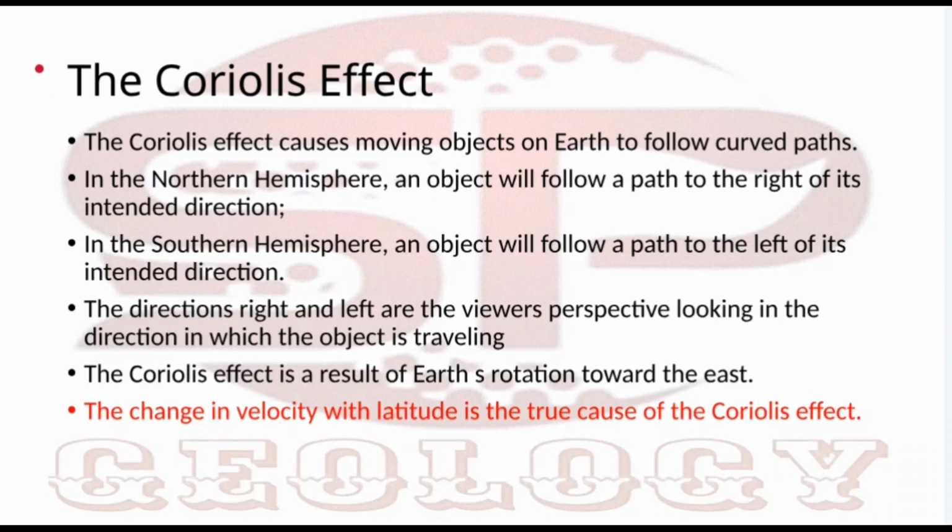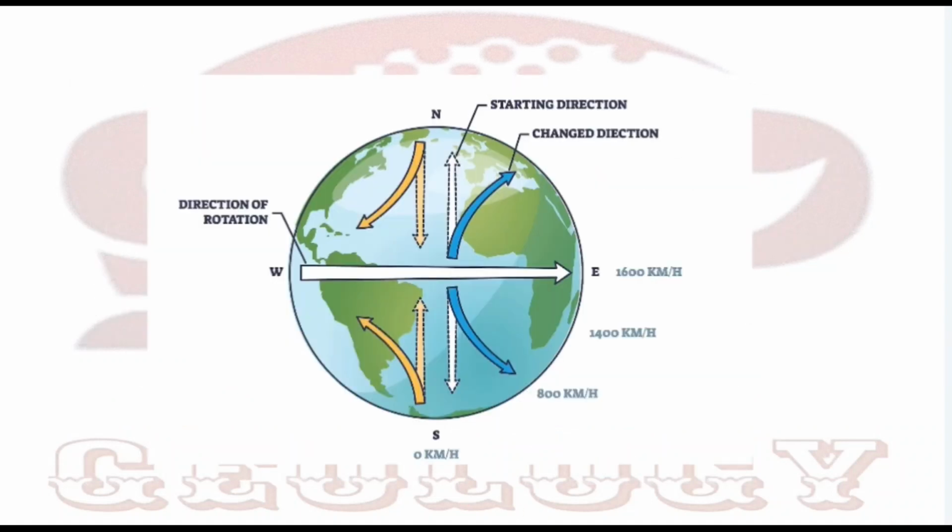Then comes another effect called the Coriolis effect, which gives the direction of the different wind belts. So it is important. What is the Coriolis effect? It occurs because of the differential velocity of the Earth. If you see, the equatorial part has a greater perimeter than the polar part.